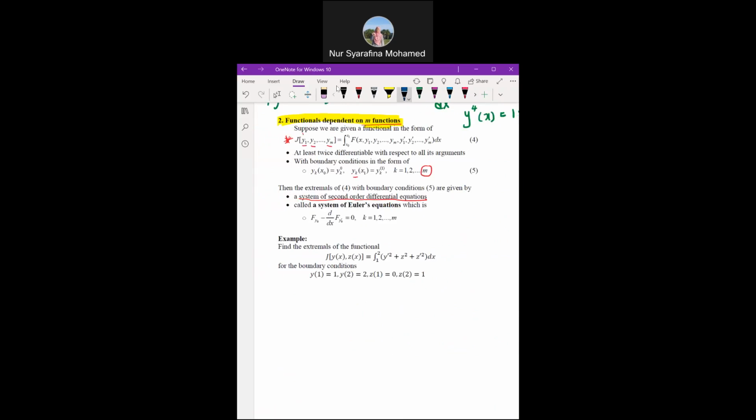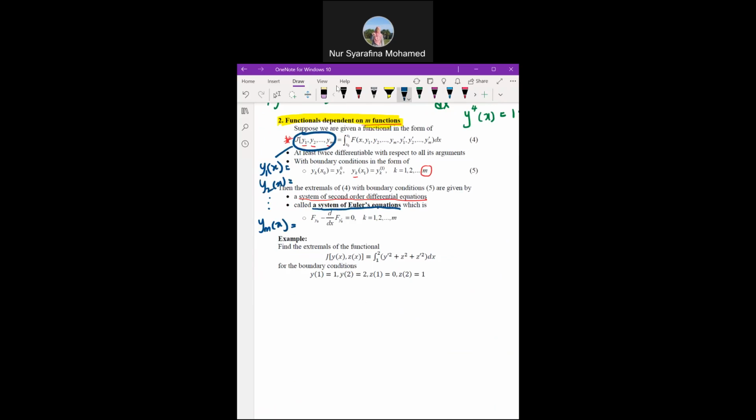Four functions, y4, y4 prime. Now, in order to find the extremal, we are going to have a system of Euler's equations. So instead of finding the extremal of y(x) only, now we can find the extremals y1(x), y2(x) until ym(x). So there are many extremals that we can obtain from this kind of functional.